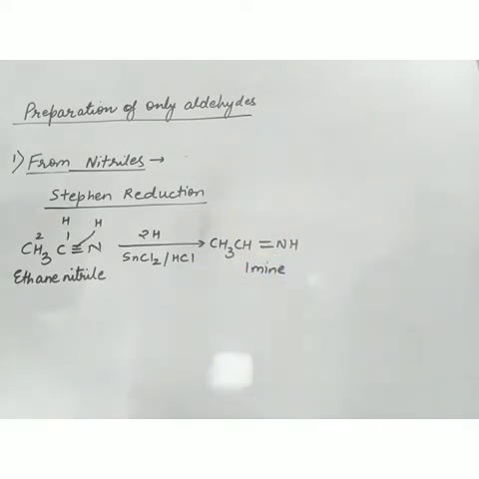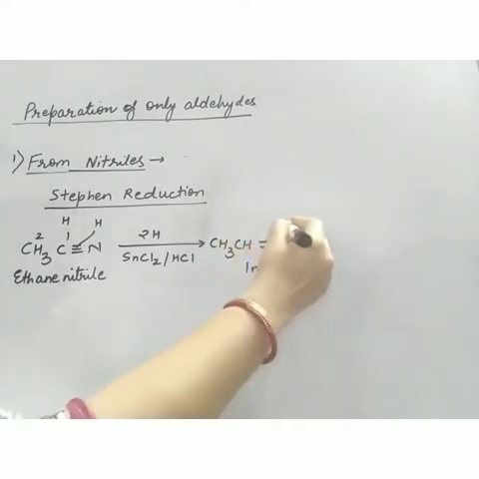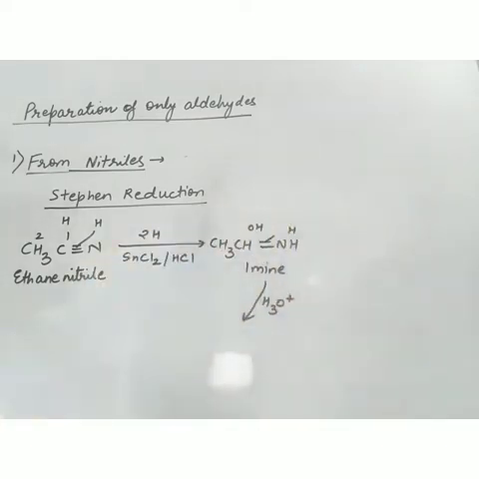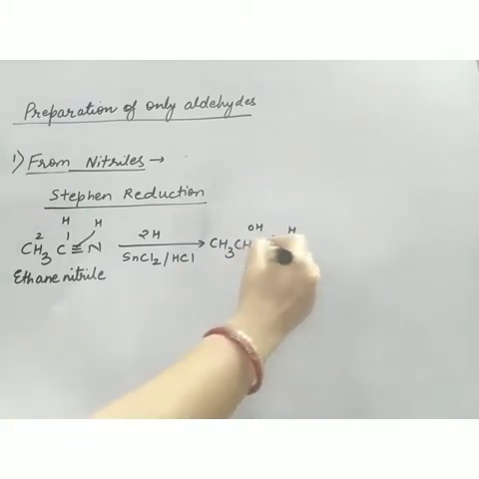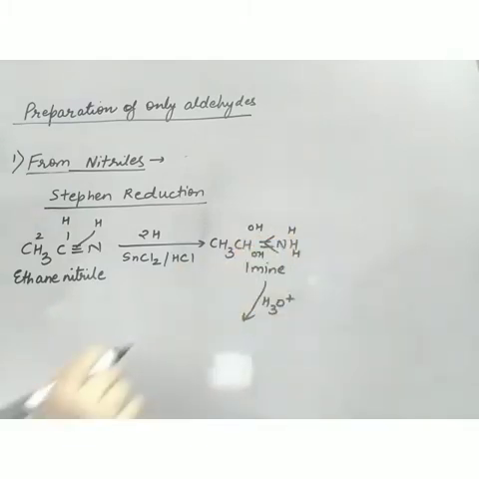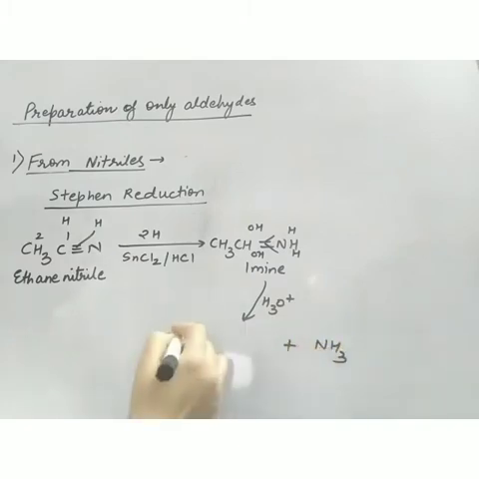So imines are a class of compounds. Now these are further subjected to hydrolysis. Hydrolysis means again addition of water. So H here and OH here, and H here and OH here. You can see the byproduct is NH3. Now the main product is this.